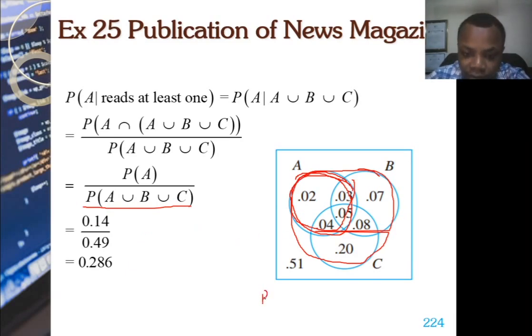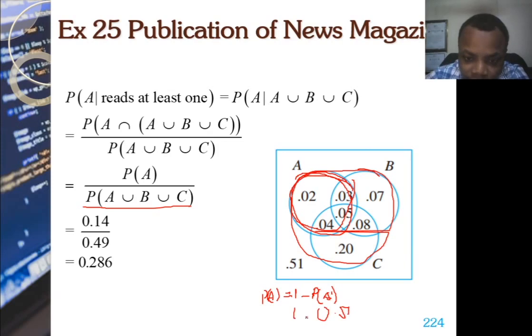or better still, remember that we use this formula that probability of A is equal to 1 minus probability of A complement. Now looking at this whole set, for us to get this union, we've been given the complement to be 0.51.